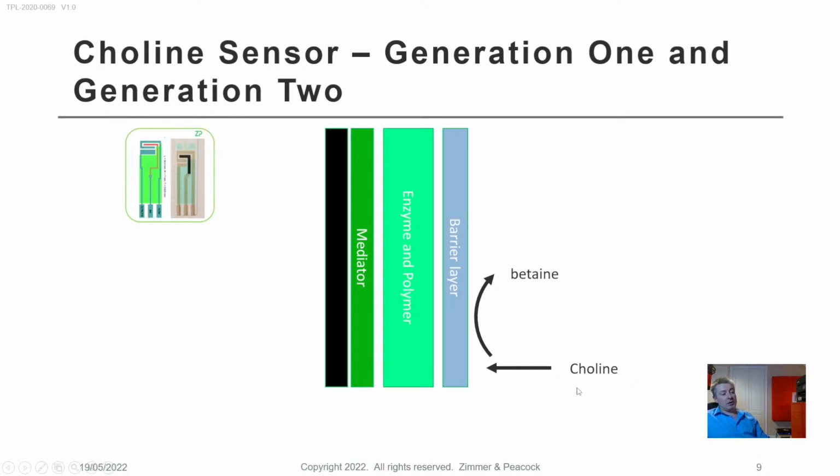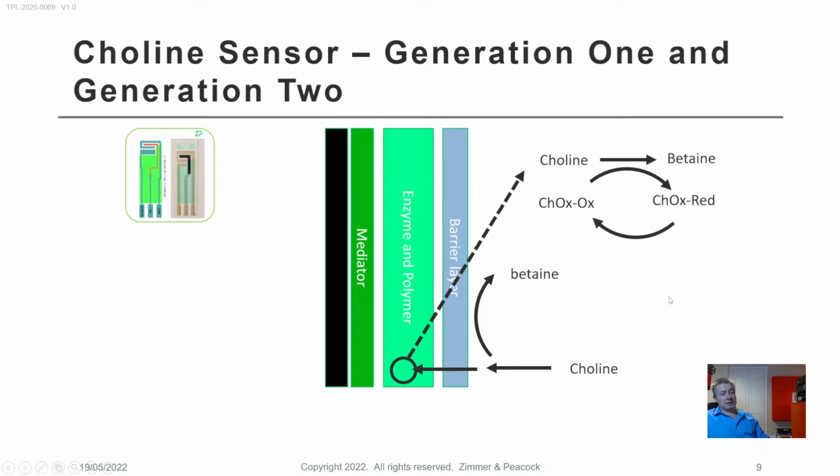The choline oxidase converts choline into betaine. I should have put choline there rather than betaine. But what's happening in the enzyme layer here is choline is reacting with the choline oxidase. Choline oxidase becomes reduced, choline becomes betaine, and oxygen is reduced to hydroperoxide, at which point the hydroperoxide can be detected.